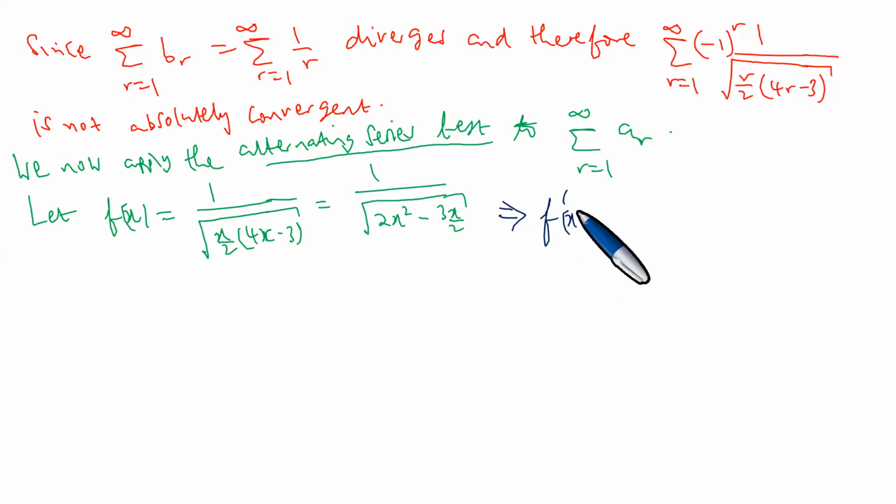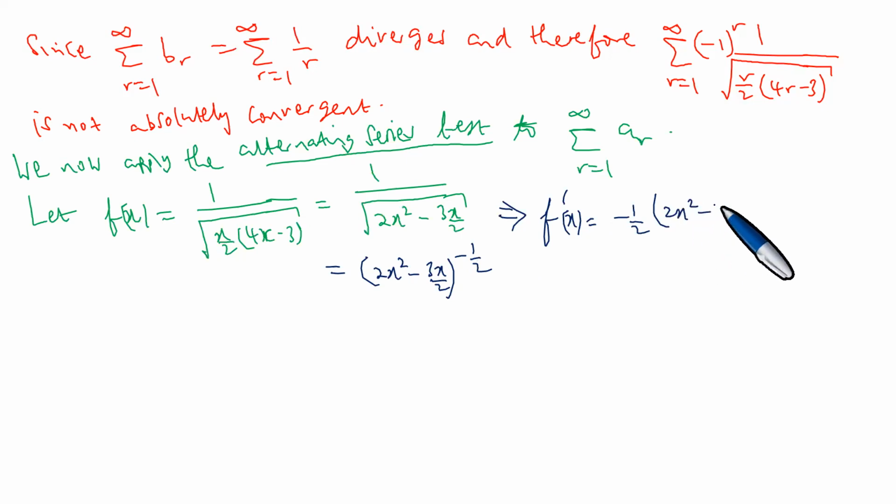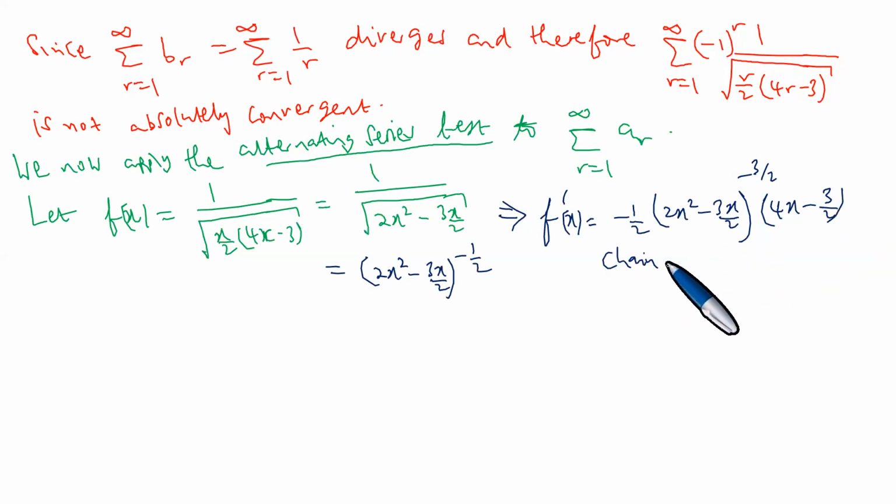f prime of this. First things first, this one can be written as 2x squared minus 3x over 2 to the minus 1/2. The derivative is minus 1/2 times 2x squared minus 3x over 2 to the minus 3 over 2, and then you take the derivative of what is inside, which is 4x minus 3 over 2. We use the chain rule of differentiation here.